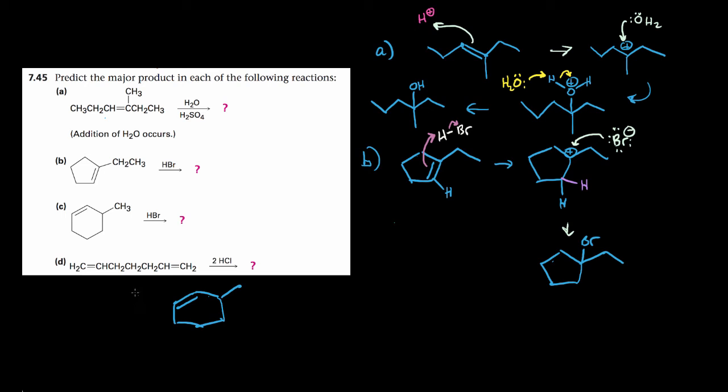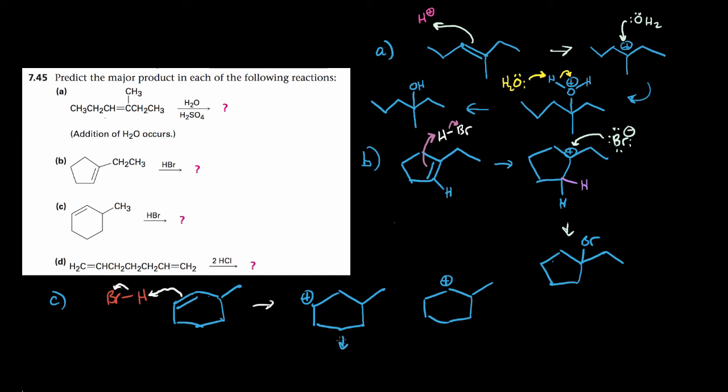So let's look at what happens if we pull off a proton from HBr with this double bond. We can make one of two carbocations. Both are secondary carbocations, so they're equally stable. So we could make this one, or we could make this one.